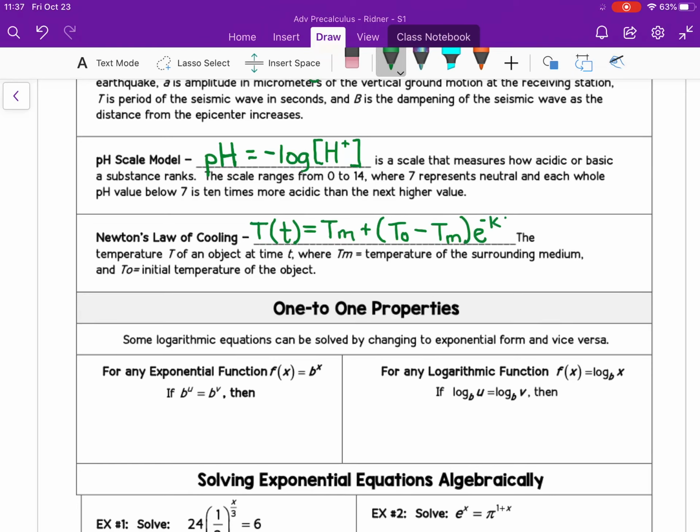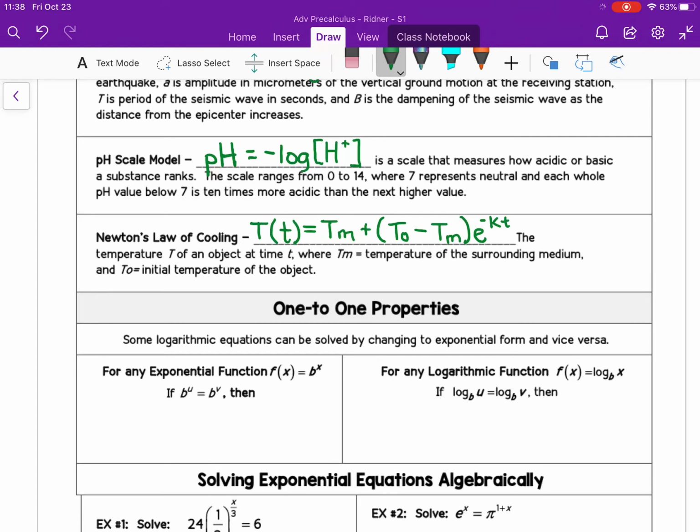And so obviously different factors come into play. What's the temperature that you're setting the coffee in? So like what's the room temperature, or if it's outside, what is the weather temperature? What is the temperature of the coffee to begin with? Things like that matter. But all of those things deal with exponential and logarithmic equations and can be used. Okay?